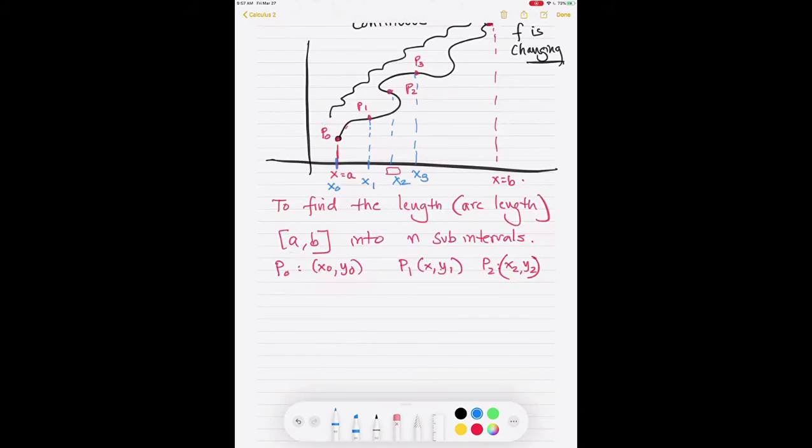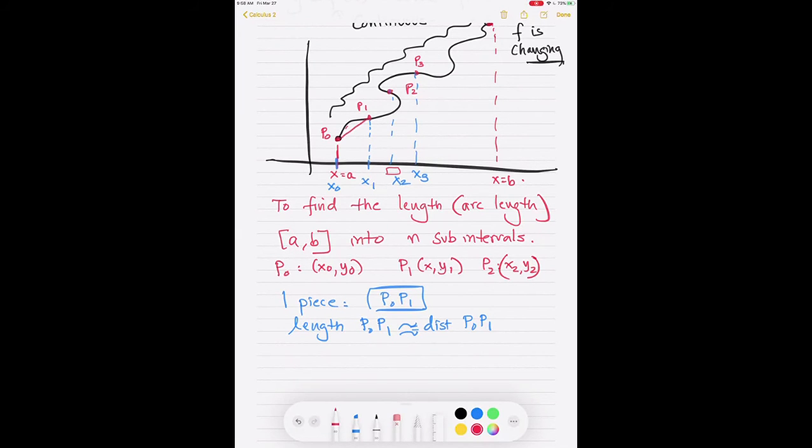So I'm just going to grab one piece, which is from P0 to P1. I'm going to approximate the length from P0 to P1, which is actually the distance from P0 to P1. I'm going to approximate this, what you see there, by a straight line.